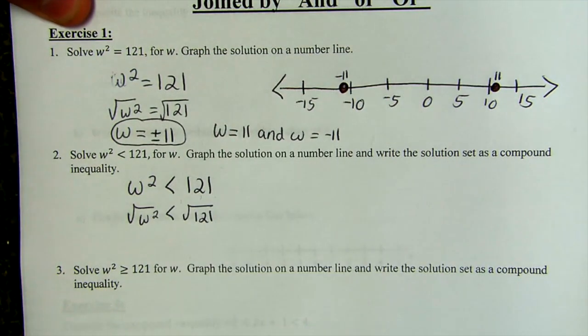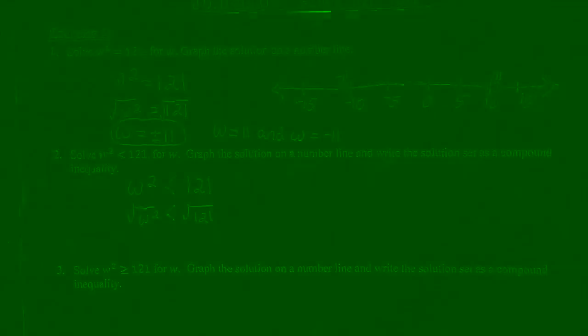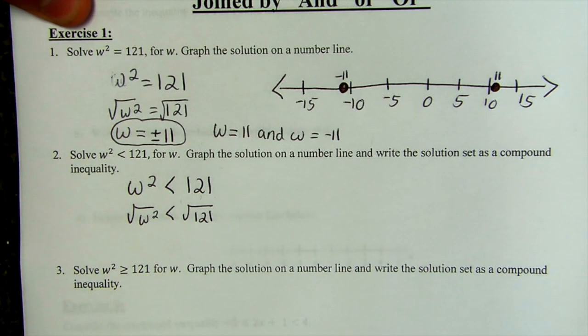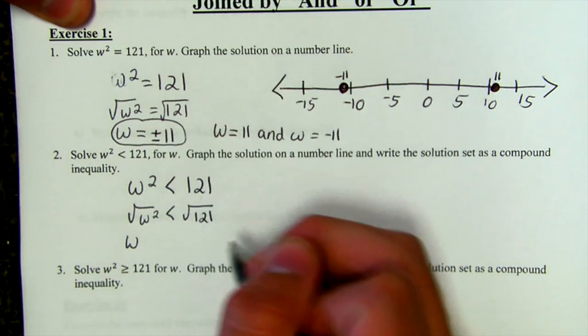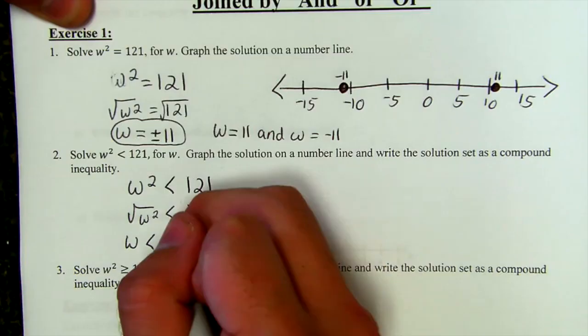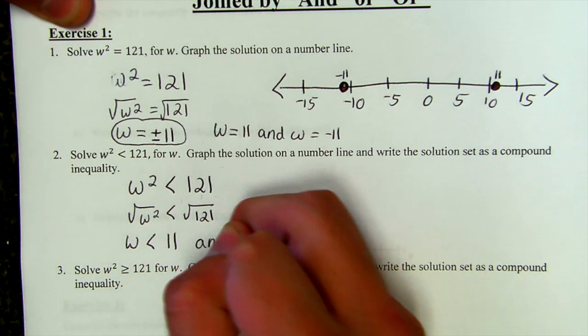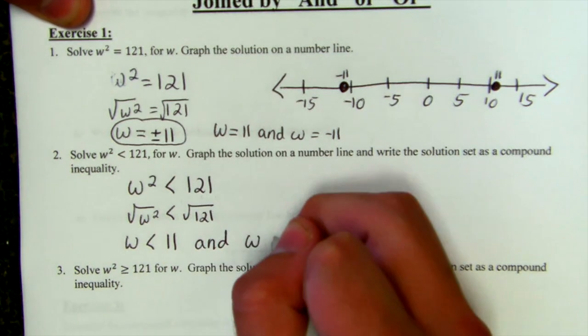But now when we take the square root of 121, we're going to have the positive and the negative case. And in the negative case, we're going to have to flip the inequality sign. So we're going to have that w is less than 11, and now we have to flip the inequality sign. W is greater than negative 11.